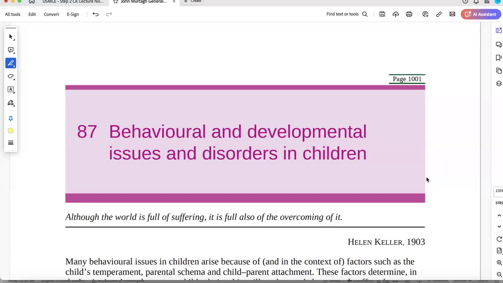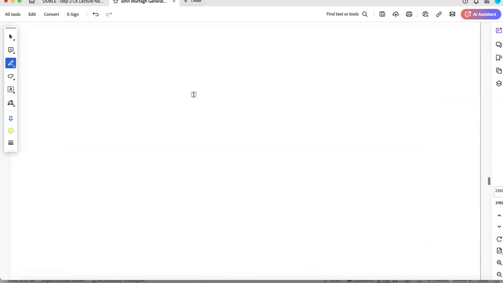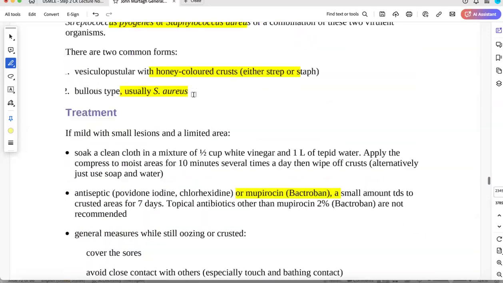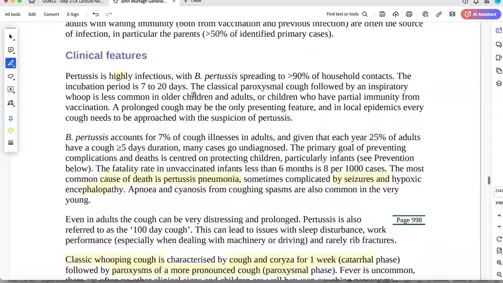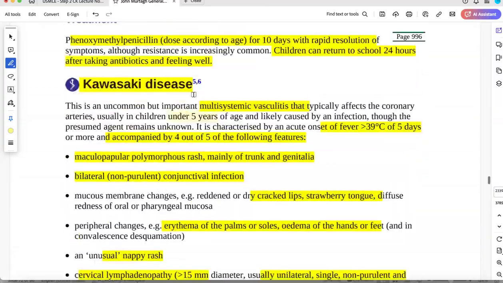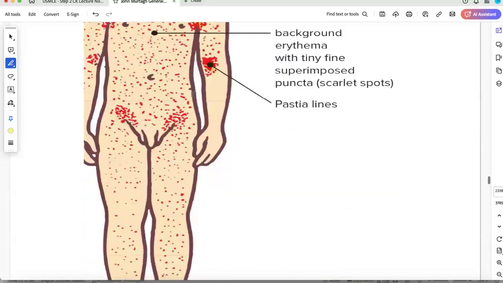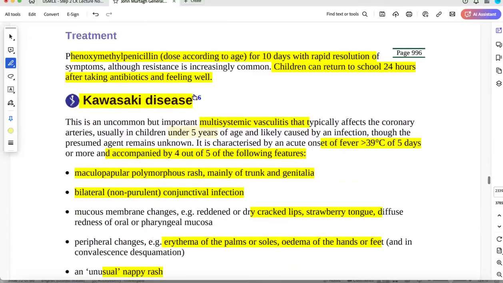And 5 days after starting the antibiotic, the child can go to school. Right? Am I wrong? I forget these things. I think it was 24 or 5. 24, sorry. Yes, the child can return 24 hours after taking the antibiotic.